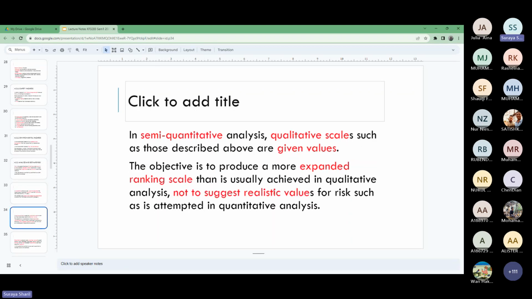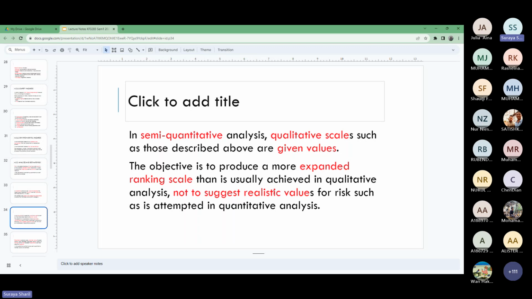So, in other words, in semi-quantitative, it gives value to the severity, or gives a ranking scale for the qualitative or subjective analysis.